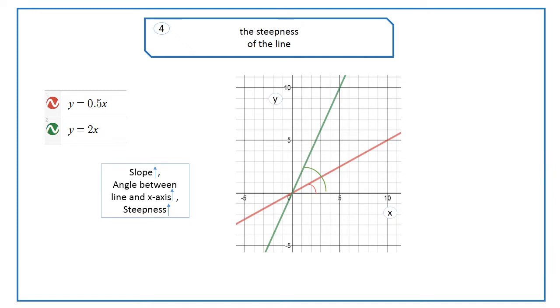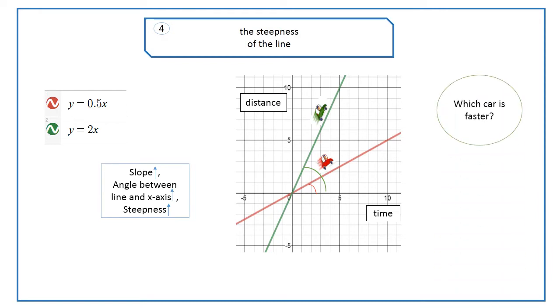Let's take an example. If we have a race between two cars, where the red car represents the red line and the green car represents the green line, and the time represents the x-axis and the distance represents the y-axis, and we want to know which car is moving faster after 5 minutes.